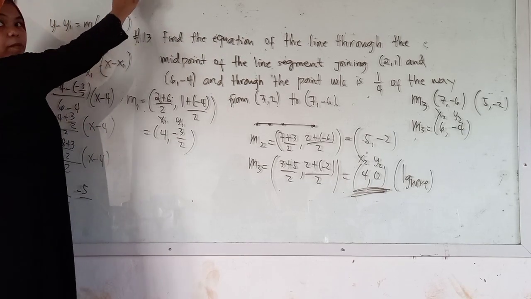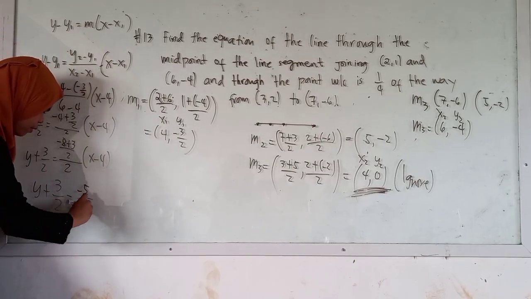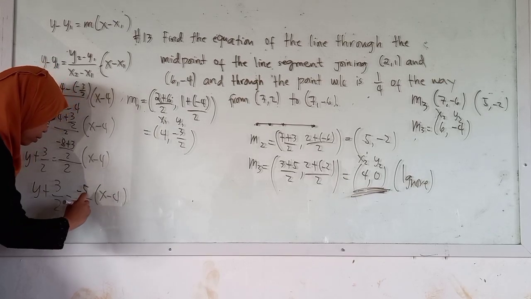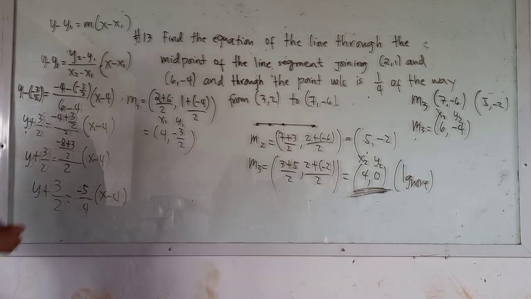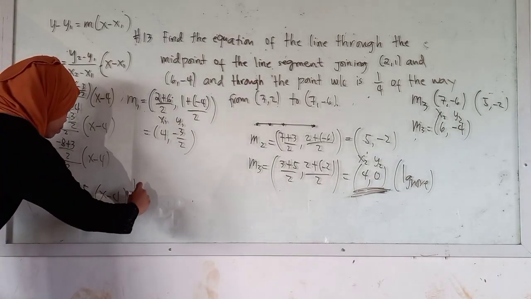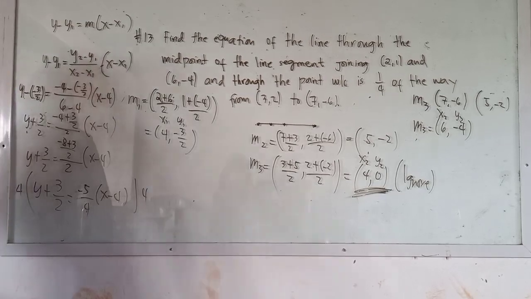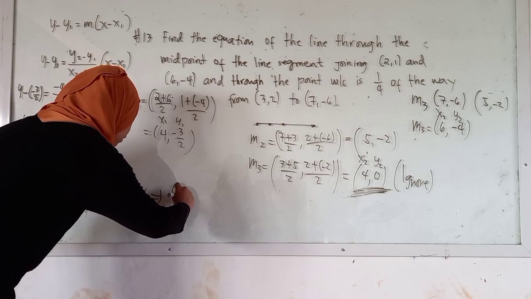Ibig sabihin, multiply mo yung dalawang nasa baba. So negative 5 over 4, x minus 4. So, ano yung LCD niyan para ma-eliminate yung mga fraction? So, I have to multiply both sides by 4, no? Tama? So, 4 times y, that will be 4y.